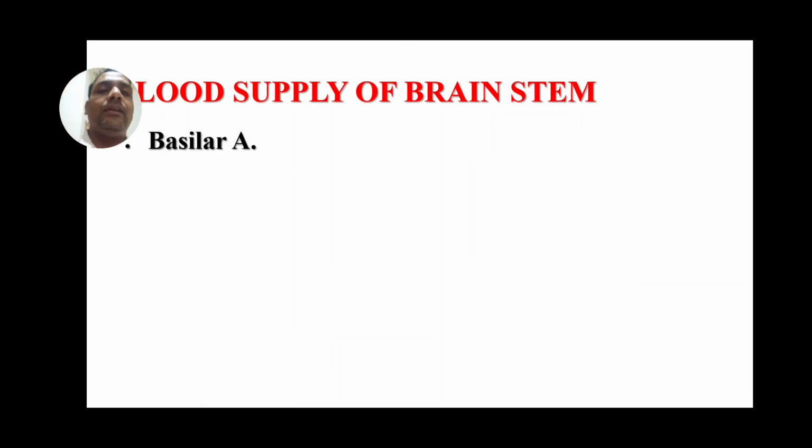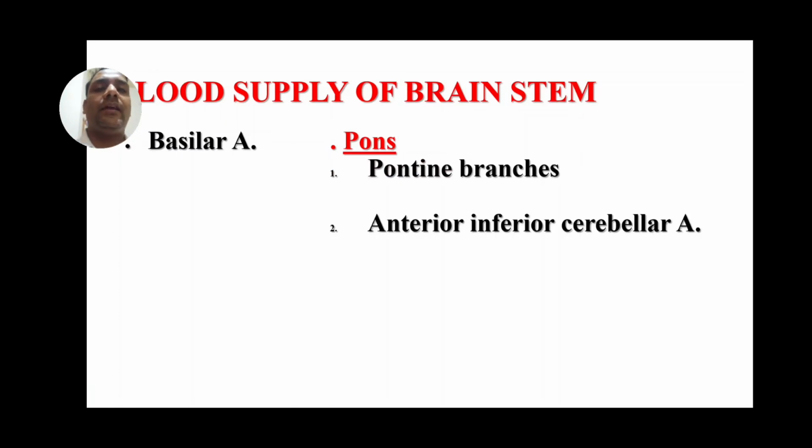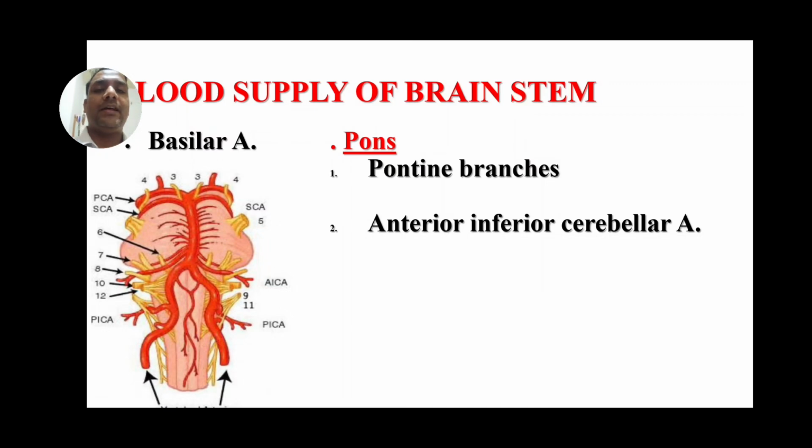And coming to the blood supply of the pons, it is by the pontine branches of the basilar artery and the anterior inferior cerebellar branch of the basilar artery. Here you can see the basilar artery. Obstruction of the basilar artery results in locked-in syndrome, whereas involvement of pontine branches results in the medial pontine syndrome involving the abducent nuclei, Raymond syndrome.